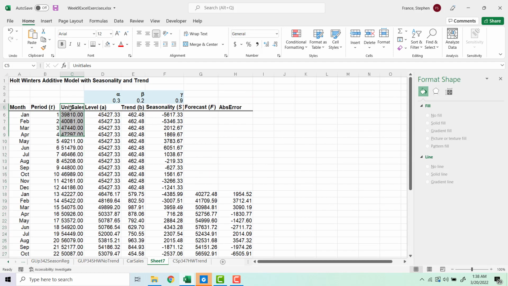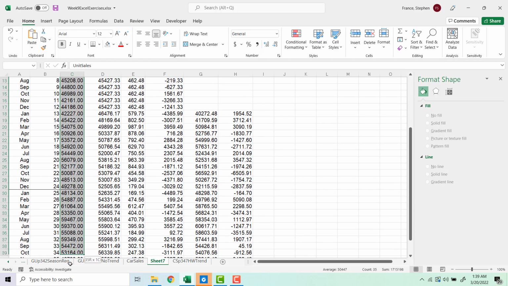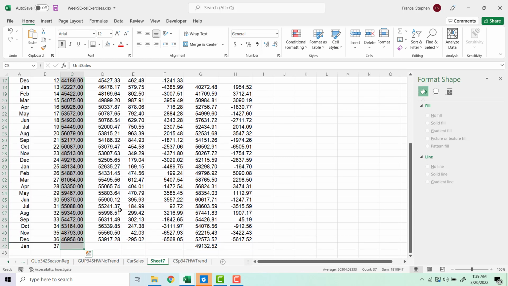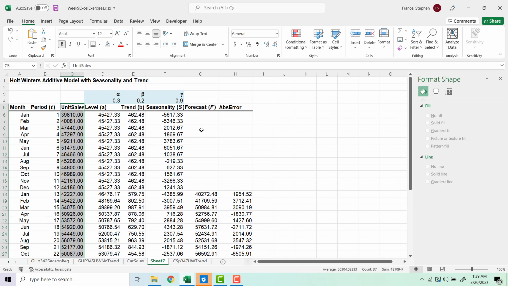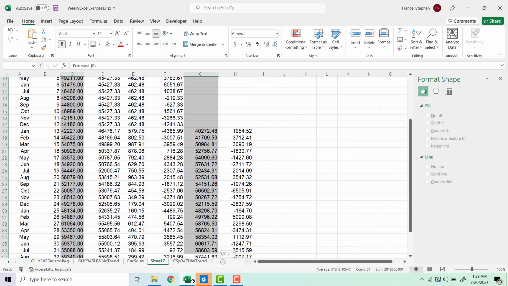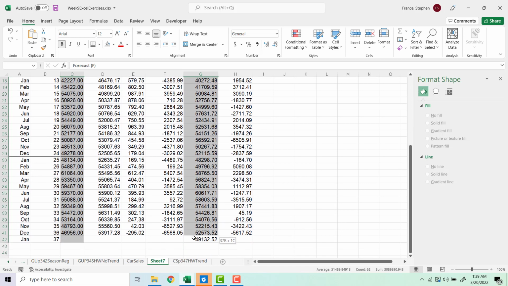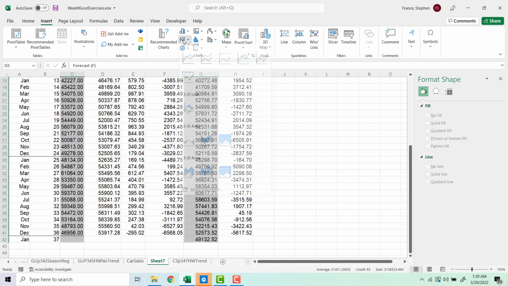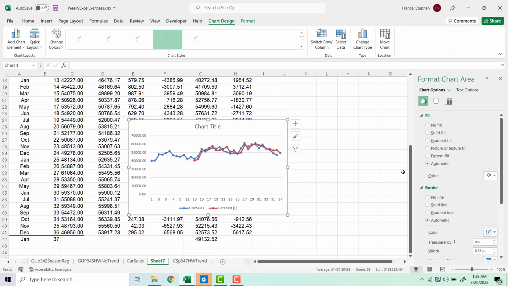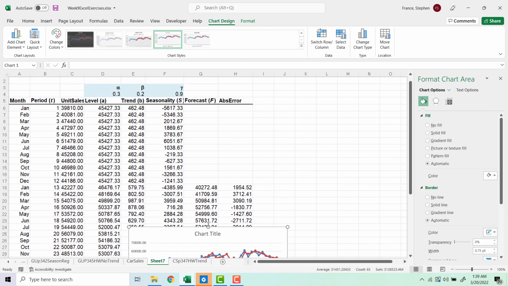And actually, let's go all the way to January to get the next forecast in there, and Control. And now let's add the forecast. And we're going to insert. Okay, so here we go.